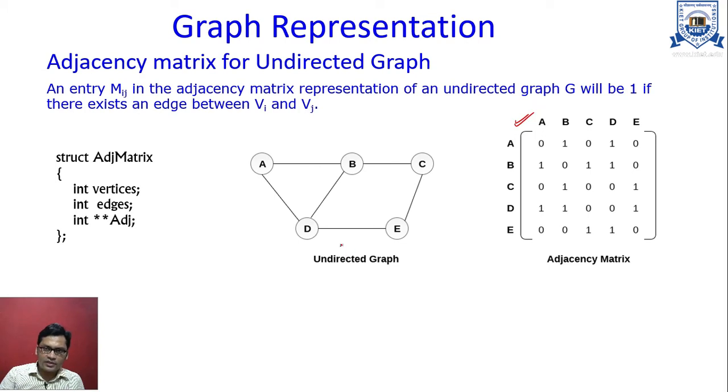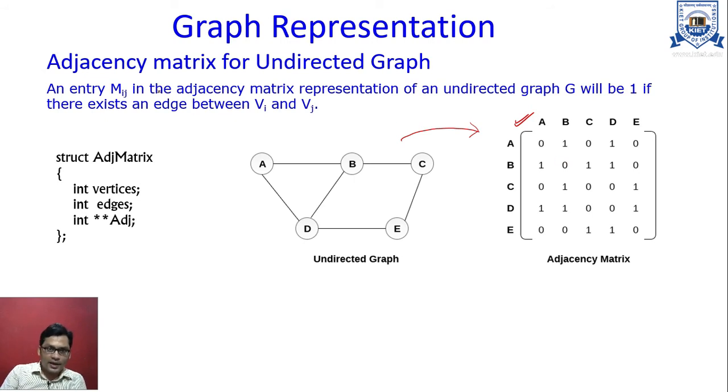Actually, the reason is this: this graph is a non-linear data structure and also a logical data structure, and this logical data structure is not directly mapped in computer memory. So we convert this logical data structure with the help of a physical data structure, that is an array, a two-dimensional array, that is a matrix.